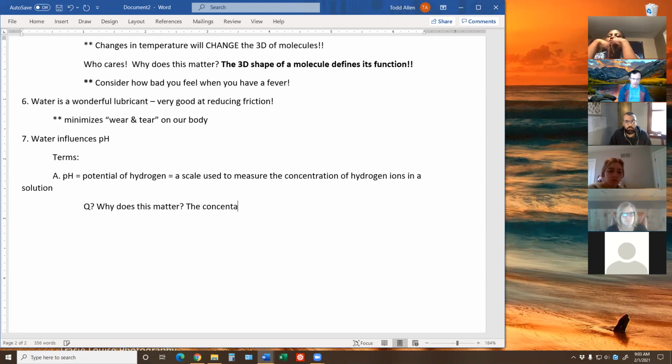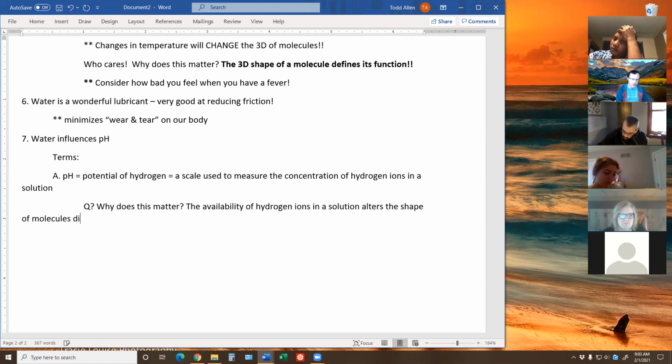The concentration, let me put it this way, the availability of hydrogen ions in a solution alters the shape of molecules dissolved in that solution. And of course, if we change the shape of a molecule, we will change its function.